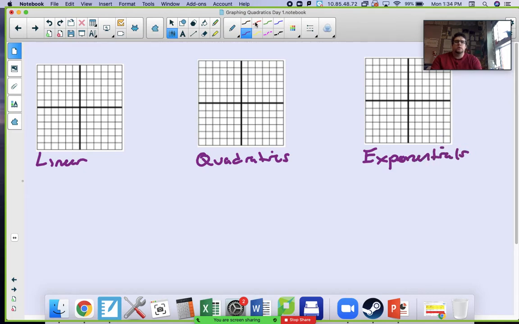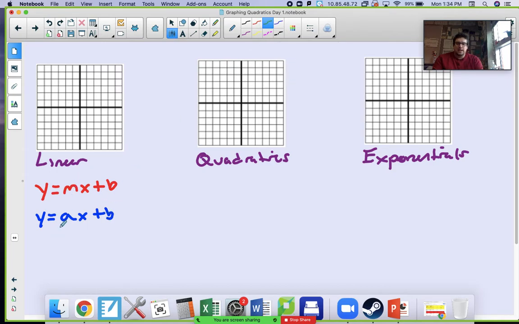What's cool about any function in the mathematical world is they all have a similar structure to them, and we can use that to exploit and make graphing a little bit easier. Now, linear, we had a really nice way to graph it, our slope-intercept form. I'm going to rewrite this to be more within the conventions, ax plus b, so y equals ax plus b.